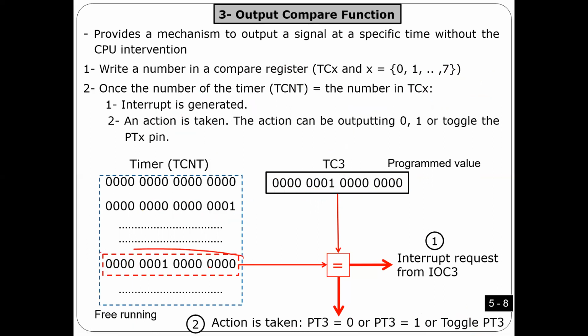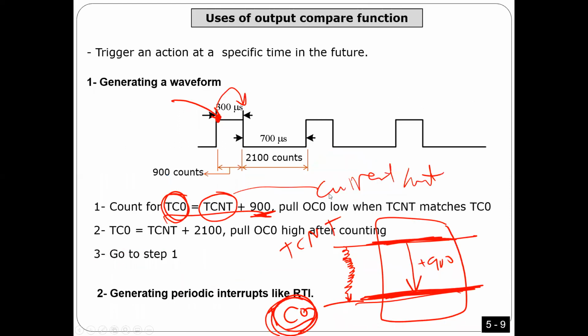Once the value of the counter, TCNT, is equal to TC3, two things should happen. Number one, an interrupt is triggered. Number two, an action will be taken, and this action is something you can program. For example, if you select toggle, it's going to toggle, right? That's exactly what I have to do here.